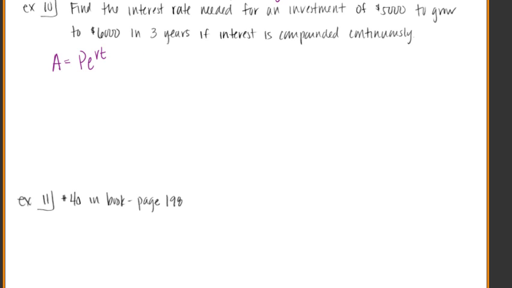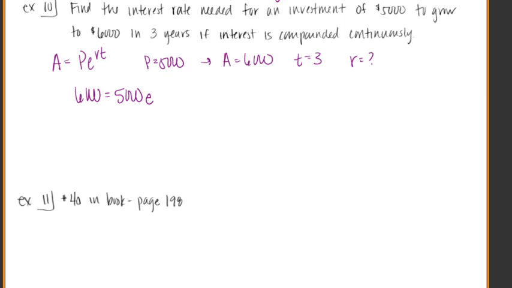We want $5,000, our initial investment, to grow up to $6,000. We have a total of 3 years for this to happen. And we want to find R. So R is our question mark. Going into our formula then, 6,000 is equal to 5,000 e to the r times 3.